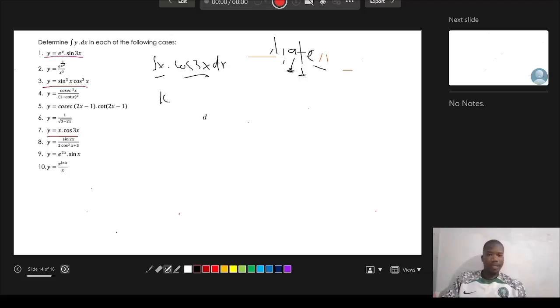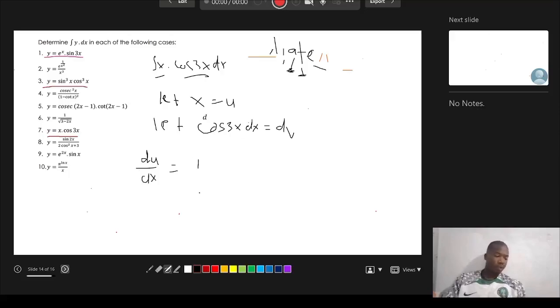So the first one that is present here is the algebraic function x, followed by the trigonometric function, which is cos 3x, right? Then whatever we find first, we let it become u. So we say let x equal u, then let cos 3x dx equal dv, right? Then we have to find the derivative: du over dx is equal to 1, since if we differentiate x we are left with 1.